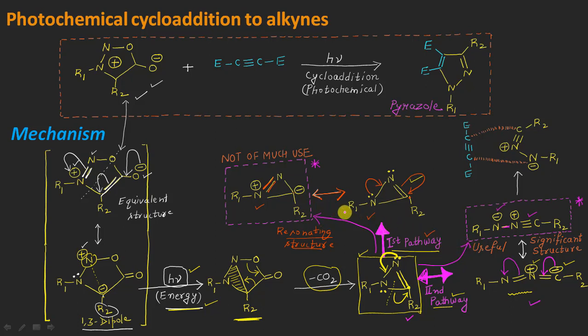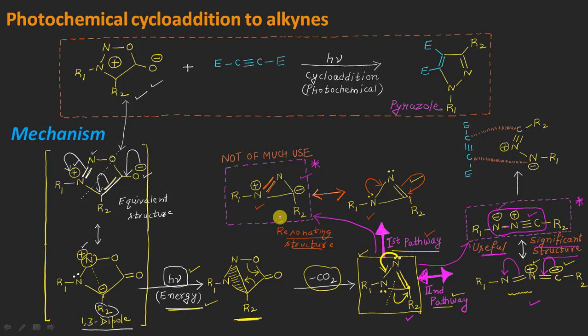And we can say here that as compared to this structure, this resonating structure is quite useful, because it is appearing in the form of a 1,3 dipole, right? This portion of this resonating structure is actually a form of a 1,3 dipole, which can give rise to different types of 1,3 dipolar cycloaddition reactions. That is why I have written here a significant structure, and it is quite useful, right?